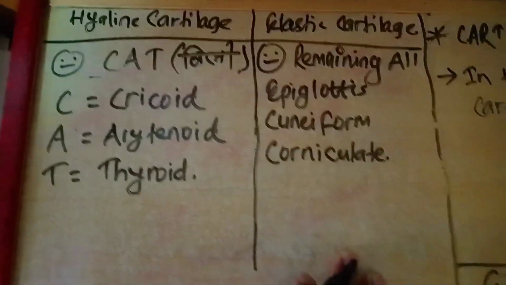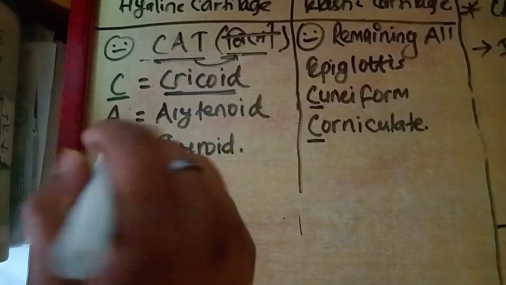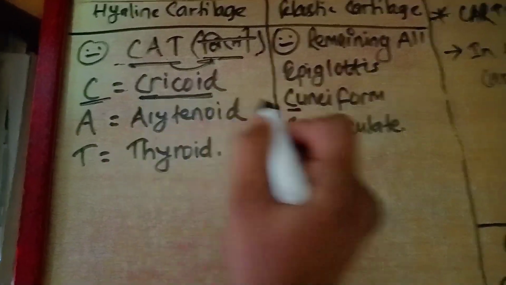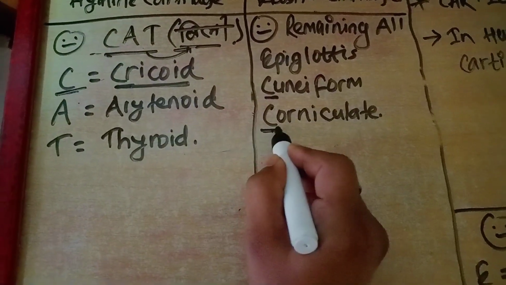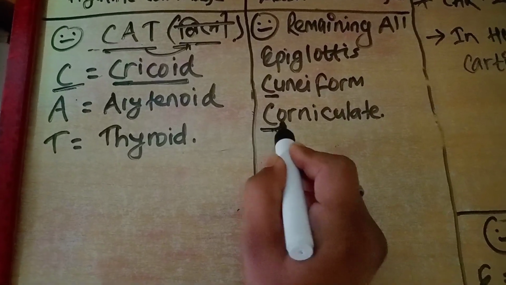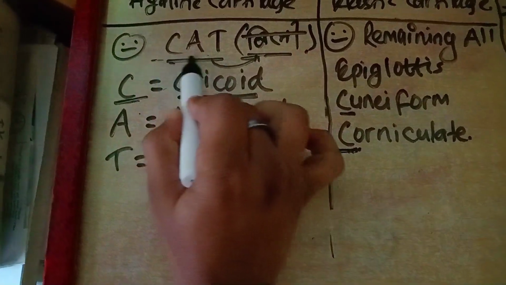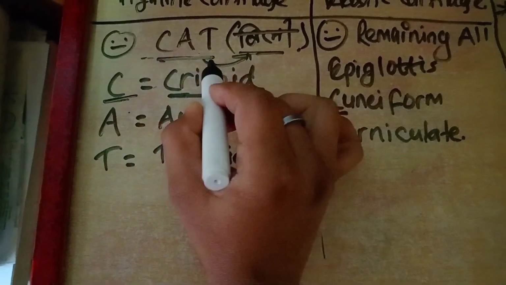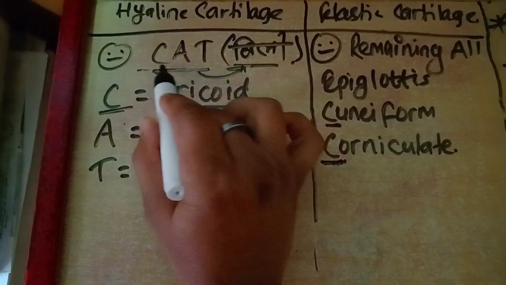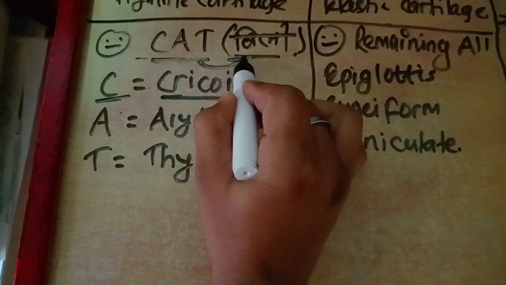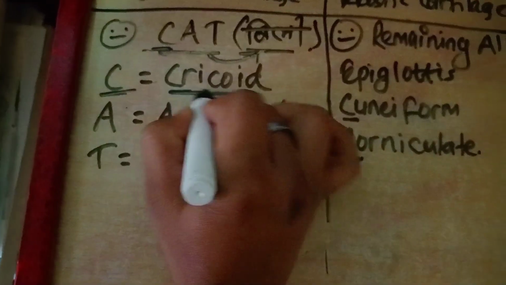And if you get confused about C, since starting from C we have 3 words: cricoid, cuneiform, and corniculate, remember that if the trick has its own special meaning, here the trick is cat, and cat means Billy, then C must be cricoid.